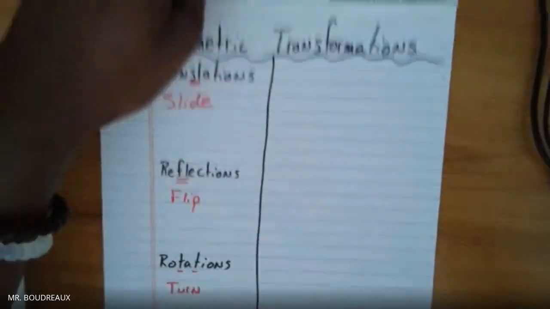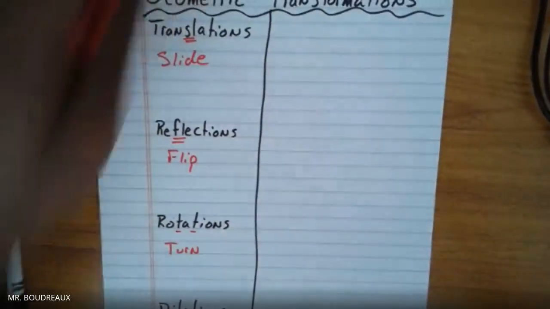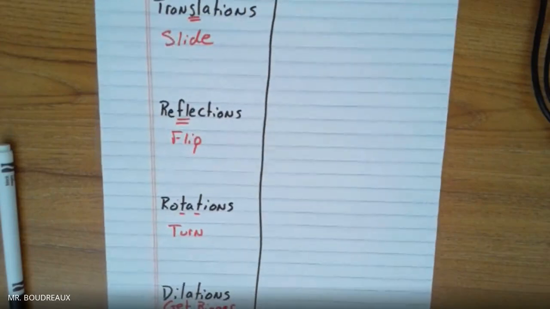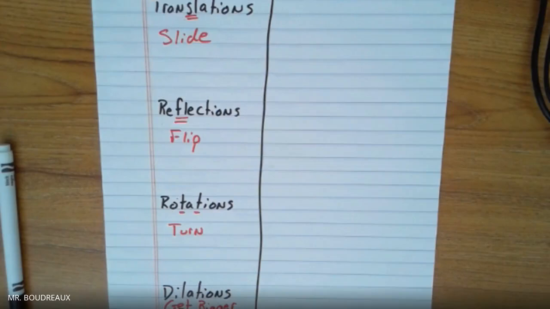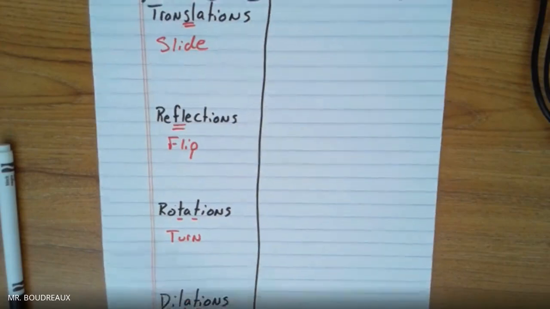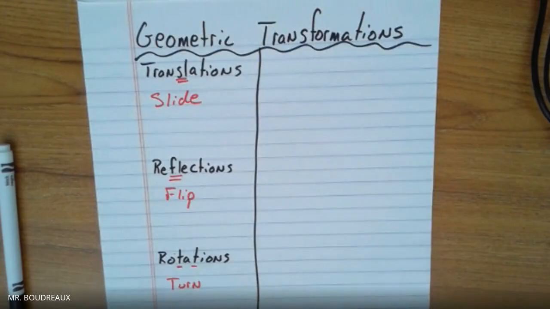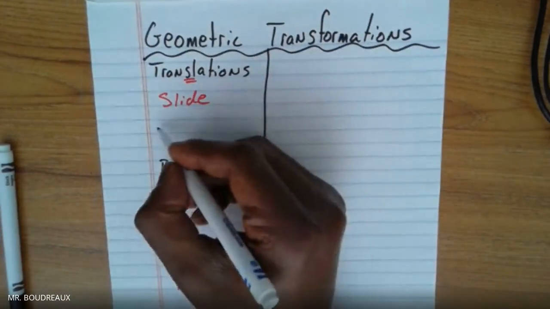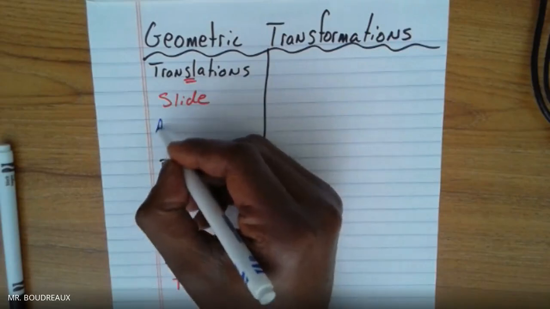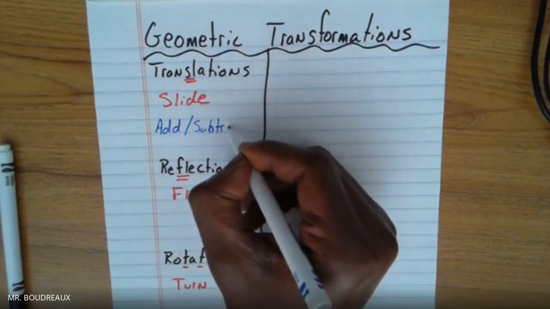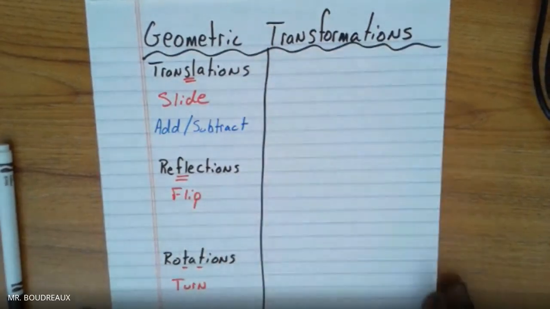All right, so we are going to discuss each one of these: translation, reflection, rotation, and dilation, and try to get an understanding of what we should expect. When you're translating, all you're going to see as far as your algebraic expression is to add or subtract. That's all you're going to see.